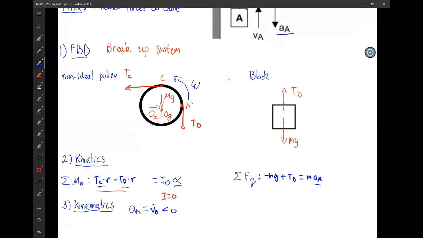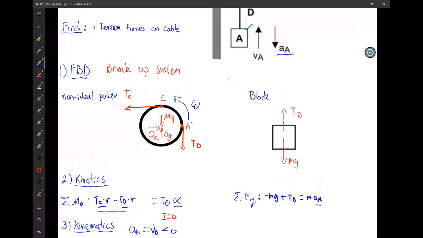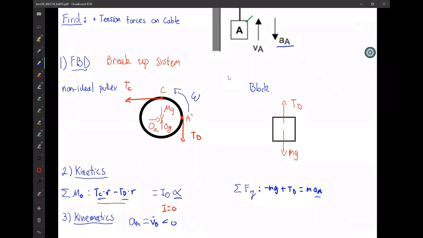So if the acceleration of A is negative, what can we say about mass A? It is being lifted, all right? And if it's being lifted, then how must the wheel be rotating? Counterclockwise, right?